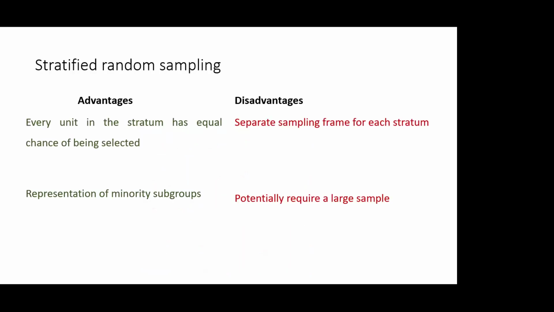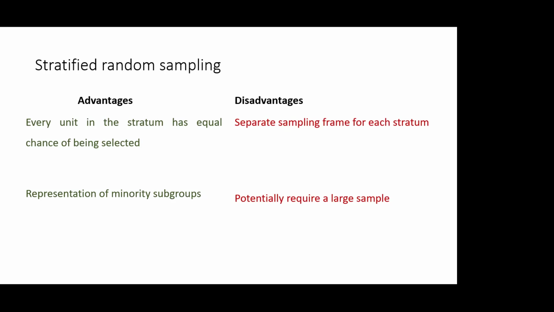So the advantages of stratified random sampling are, every unit in this data has an equal chance of being selected. The other is, there could be a representation from the minority subgroups. In simple random sampling, we said that minorities could be missed. So if I want to collect data from minority groups also, I would divide them based on the strata so that the minority group also gets represented.